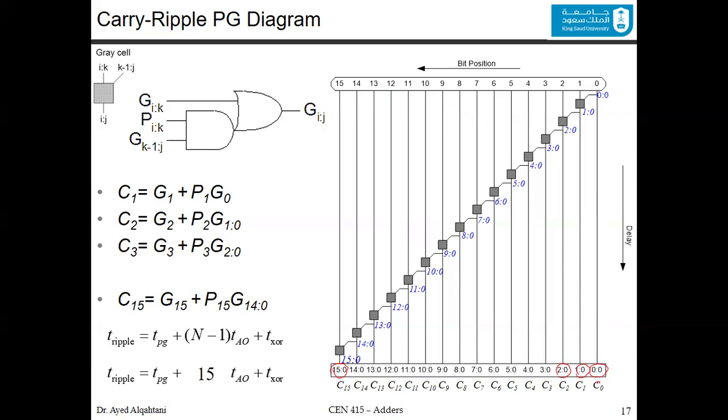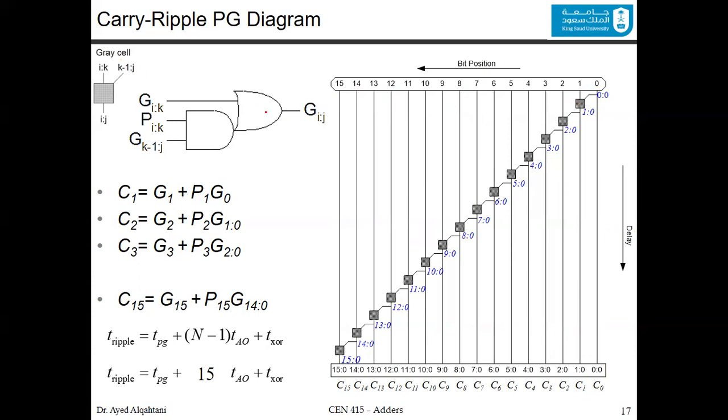In other words, this is C0, this is C1, this is C2, until C15. In the horizontal direction, these are the bit positions. In the vertical direction, this is the delay.